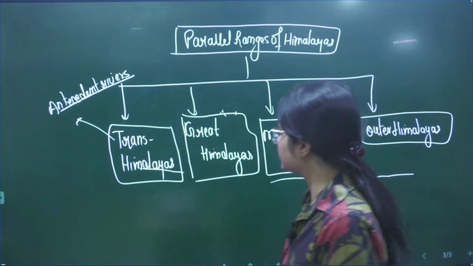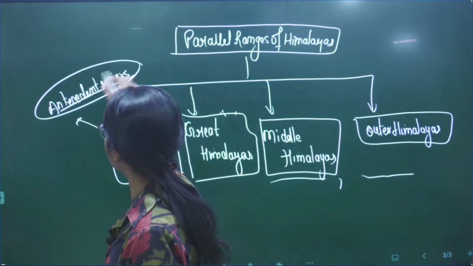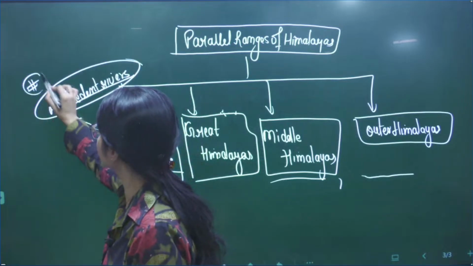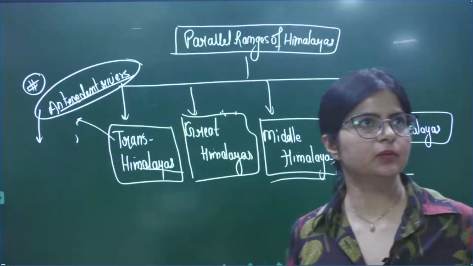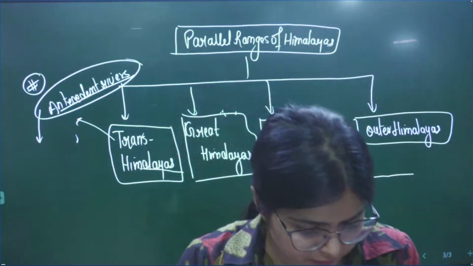Write down for the information, after making a star mark like this, about antecedent river. This is for the people who have not done the GS course.